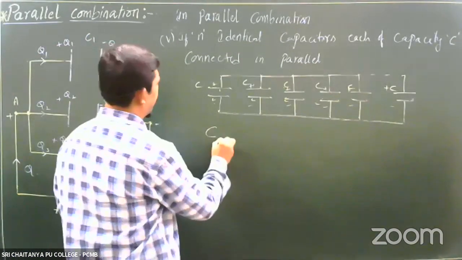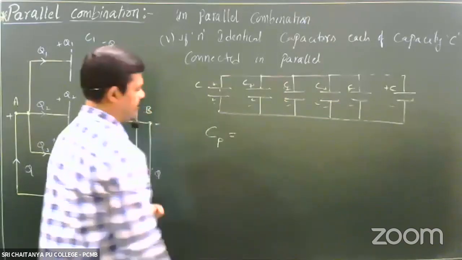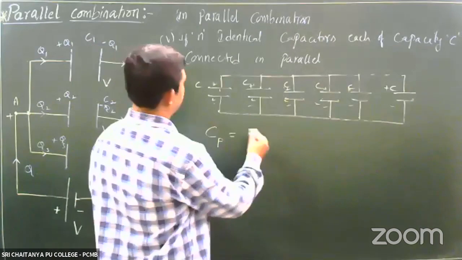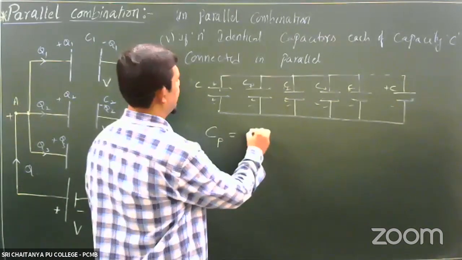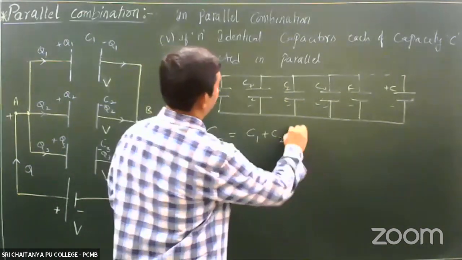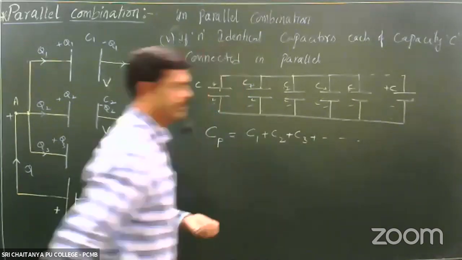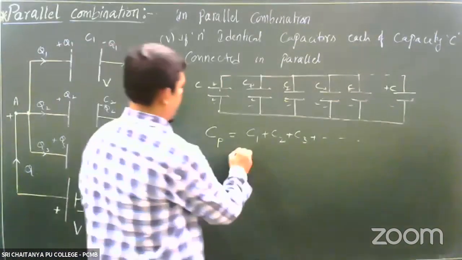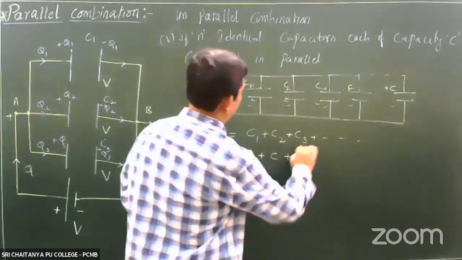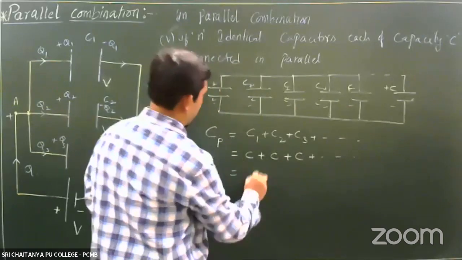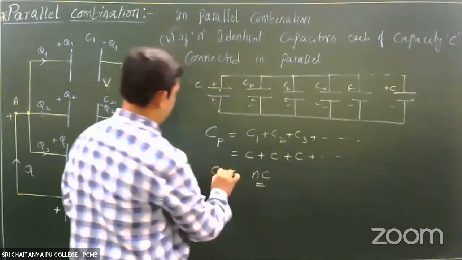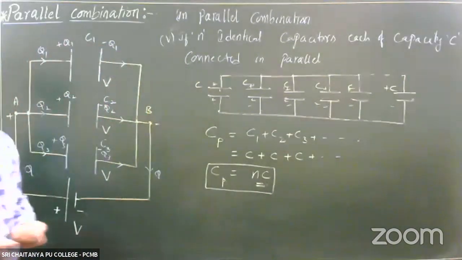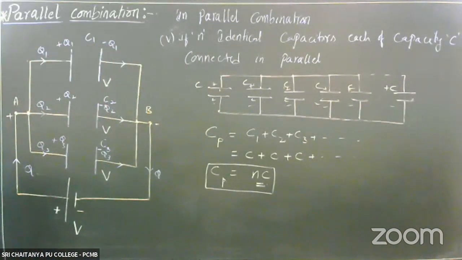You know the formula for resultant capacity is C1 plus C2 plus C3 and so on. Here it is C plus C plus C and so on, N times.